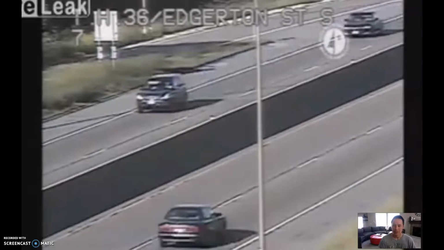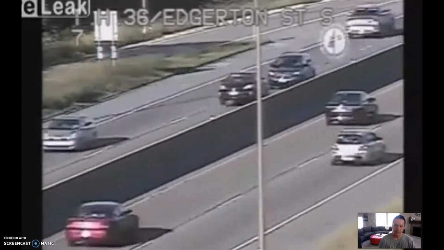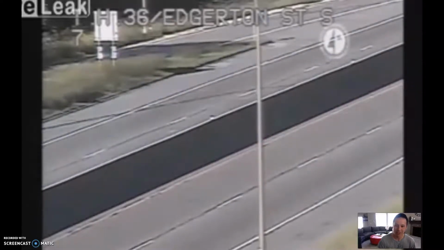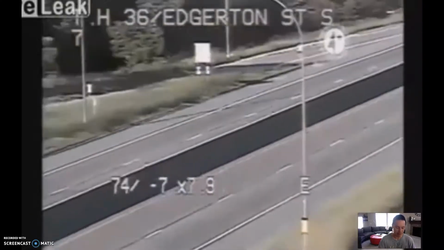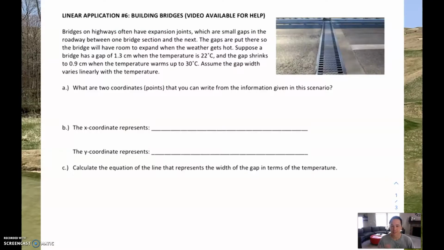Here it comes. You're going to see someone tailgating right about now. Watch the tailgaters. Okay, you saw those cars fly up a little bit. That's because the roads started to buckle. So we don't want the roads to buckle, so we intentionally create little gaps in the road that allow them to expand and contract.